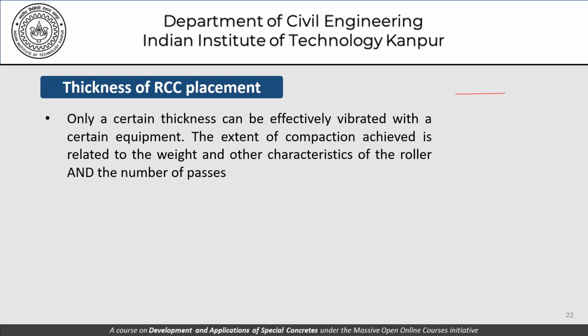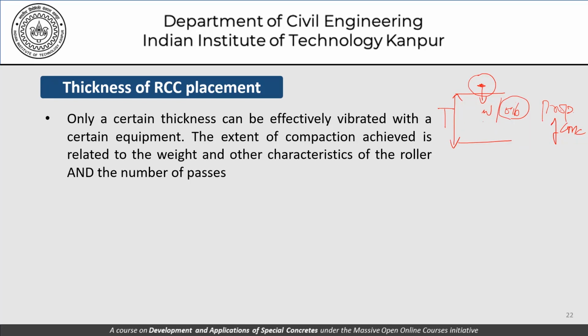Suppose this is the thickness T of the concrete which needs to be compacted. Now, this thickness T will obviously be a function of the properties of the concrete that we are using, and also what roller we are using, the weight of that roller, and the vibratory characteristics.